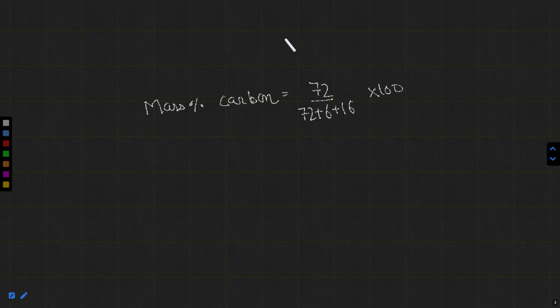I'm not taking 6.048, I'm just taking 6 here, approximating the value to the first decimal place. So 24 plus 6 is 30, plus 16 is 46, into 100. So this will be the percentage of carbon.